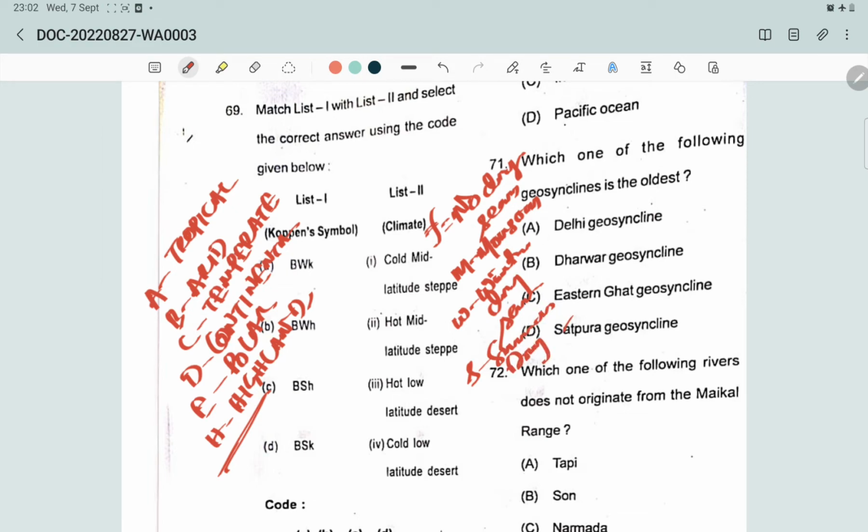And the small letters A, B, C, D refer to the degree of severity of the temperature.